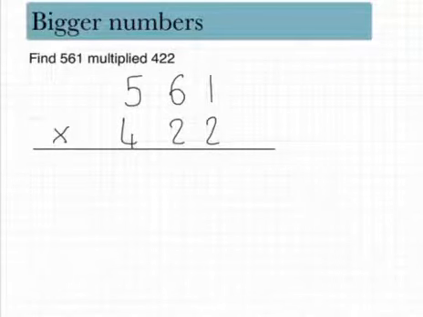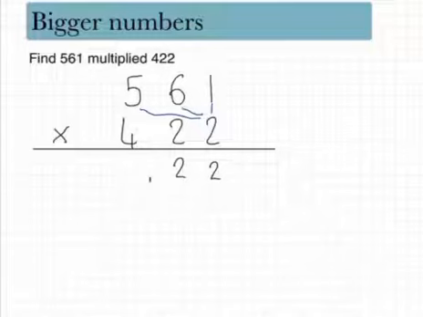Okay, let's start by doing our 2 times everything first, and remember we're going to go from right to left. So 2 times 1 is 2, isn't it? 2 times 6 is 12. So again, it's a 2-digit number. We take our second digit and we carry the 1, so just put it down here so you don't forget about it.